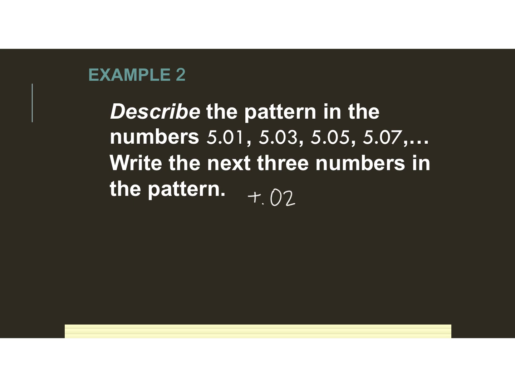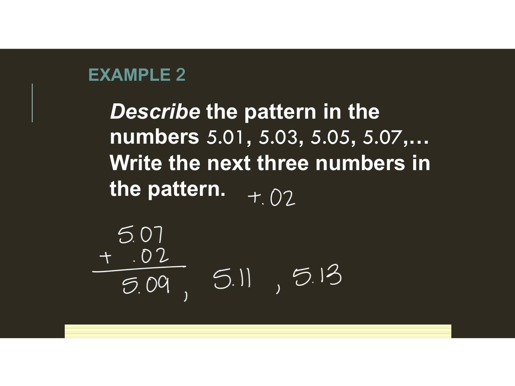So I'm going to take that last number, 5.07, add 0.02. What would I get? 5.09. Good. So what would my next number be? 5.11. And my third one? 5.13. Good. And then we could continue going on and on if we wanted to. But they're only asking for the next 3 numbers.